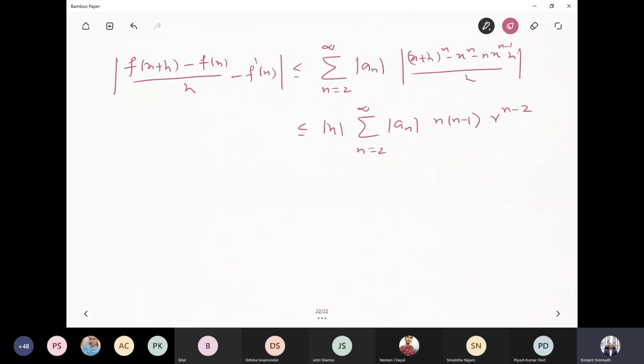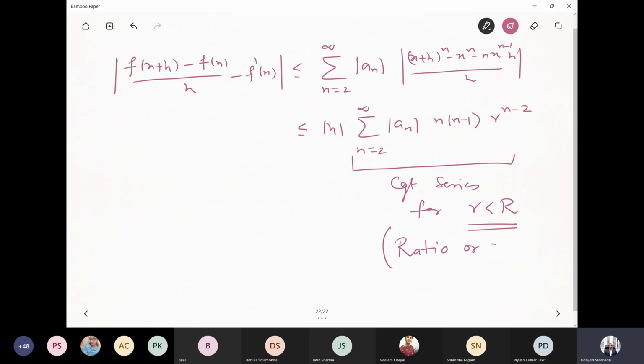So now you can see that since the series converges, this series also will converge. This one is a convergent series for any r less than R. Because the radius of convergence is bigger, this converges for any r less than R. So apply the ratio test or root test.